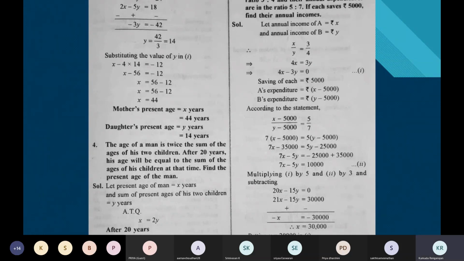What will be the sum of their ages after 5 years? After 5 years, there are 3 children.